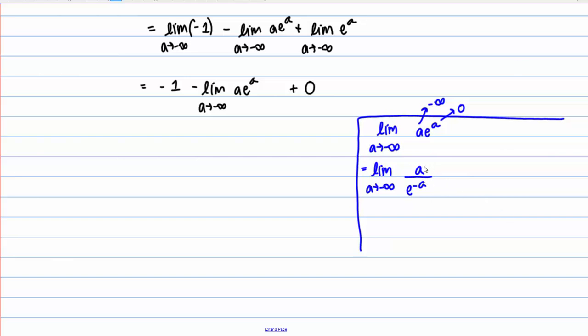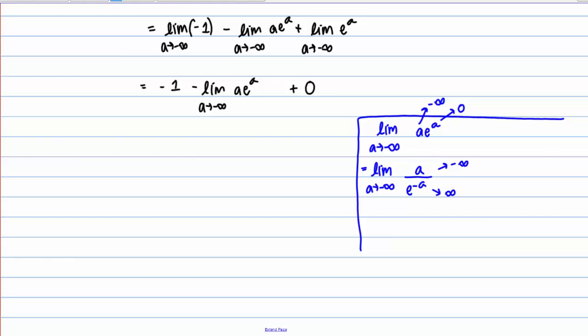And if we look at the form of this limit, the top is going to negative infinity. And in the bottom, what you can think about here is getting an e to the negative infinity, which would be e to the infinity. So that's getting really big. So we've got this infinity over infinity form that we need to be able to use L'Hopital's rule.